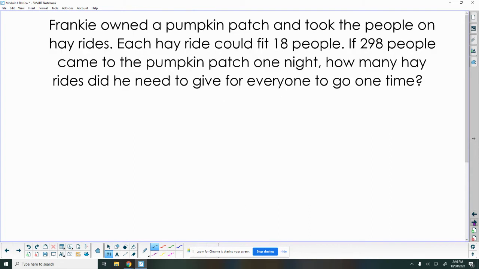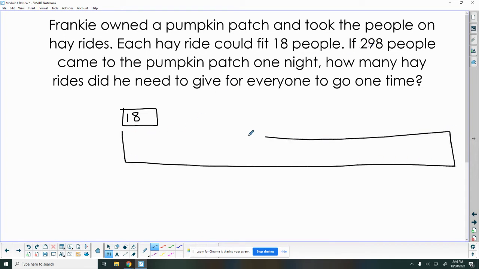Hey, Frankie owned a pumpkin patch and took the people on hay rides. Every hayride could fit 18 people. So here's my hayride, and 18 people get to go on a hayride. If 298 people came to the pumpkin patch one night, so here's 298 people, and it wants to know how many hayrides did he need to give for everyone to go one time.